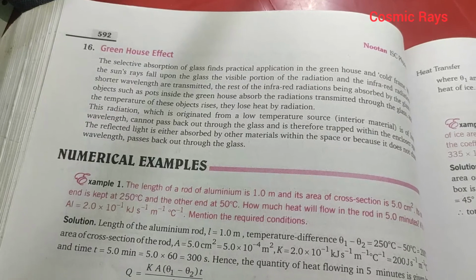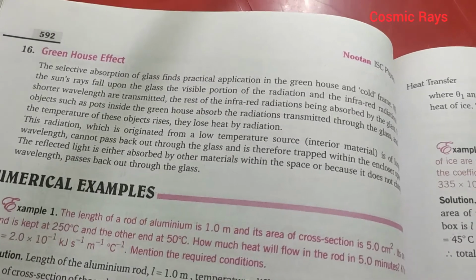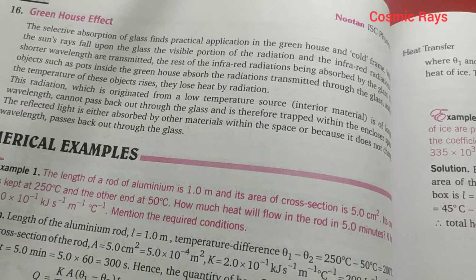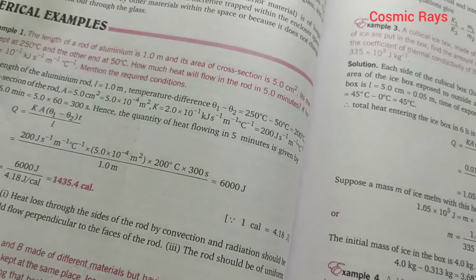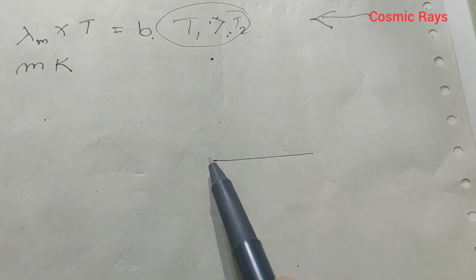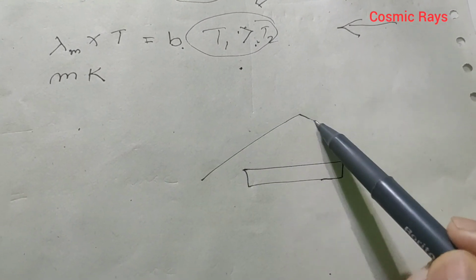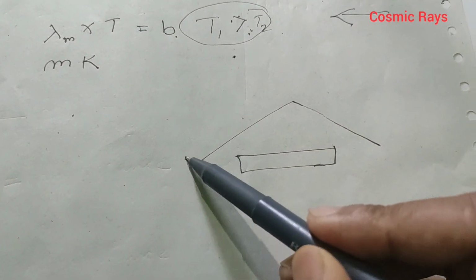The last topic for us is the greenhouse effect, which is also a part of Wien's displacement law. To understand this, let us understand this phenomenon. Suppose we have a substance and we surround it with a glass.